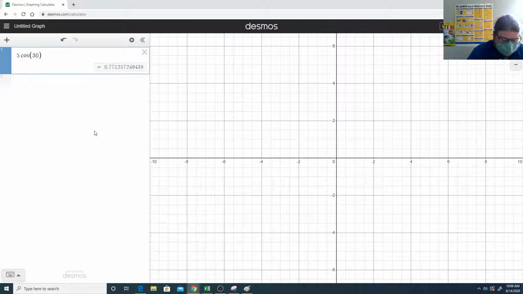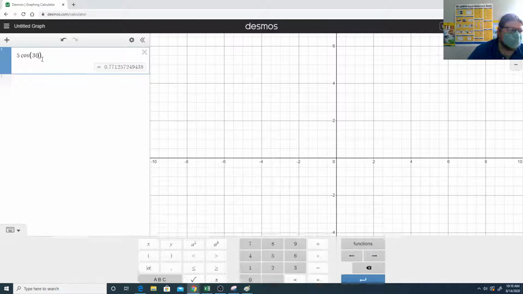I don't remember which one Desmos uses. I know which one my little graphing calculator on my phone is. So I'll put this in degrees, and we're going to do 5 times cosine of 30. And my phone's giving me back 4.33, which is what I would expect.